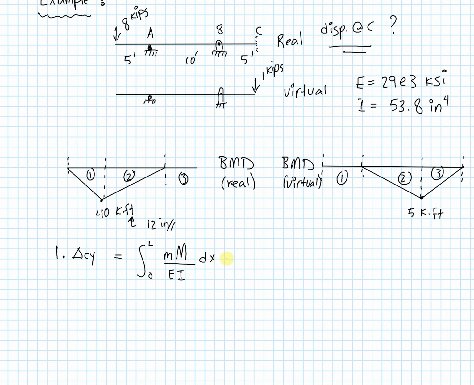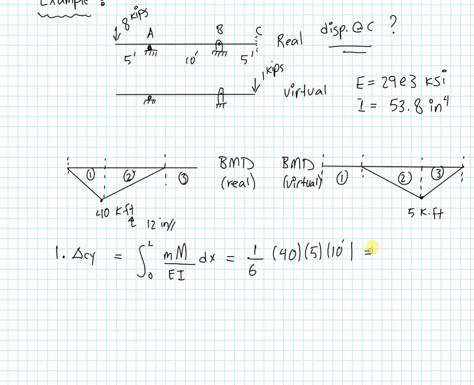So what I'll have is the 1/6. The first height of the triangle will be 40. The second height will be 5. And my length will be 10 feet.